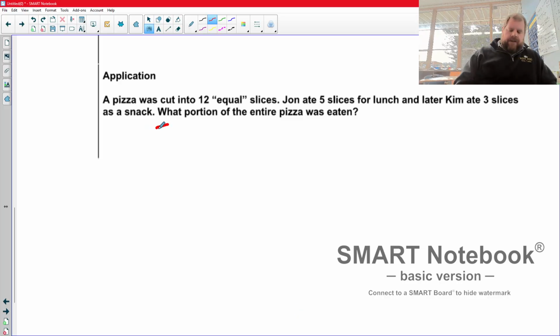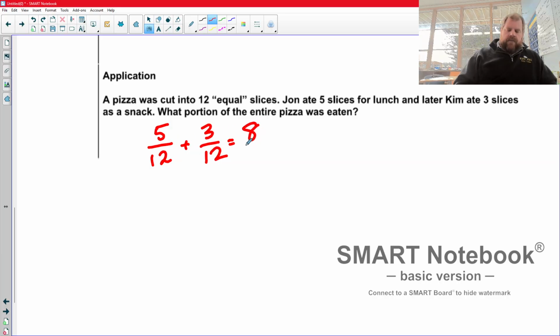I would say that the 5 slices would be represented as 5 out of 12. Kim ate 3 slices as a snack, so that would be 3 out of 12. And what we're trying to do here is figure out how much of the entire pizza was eaten. So that feels like an addition problem.